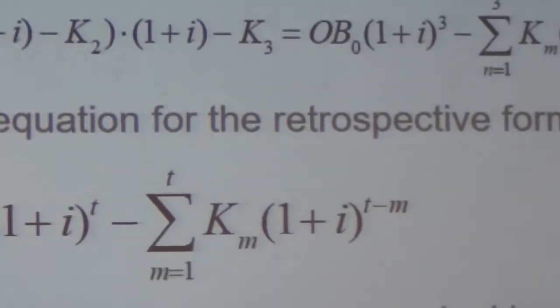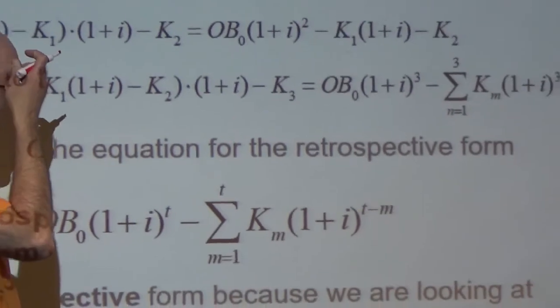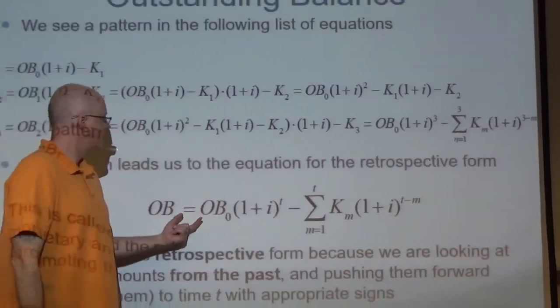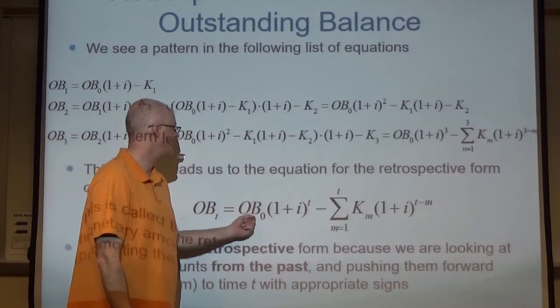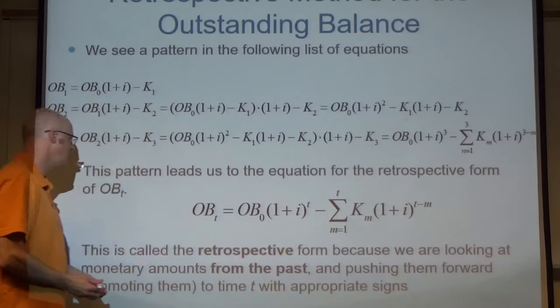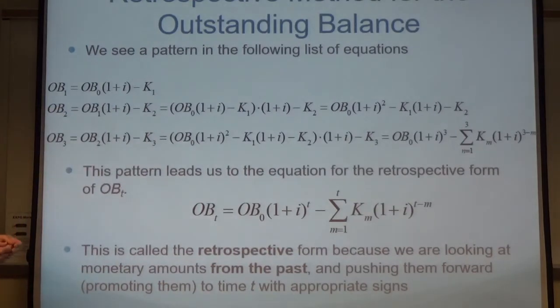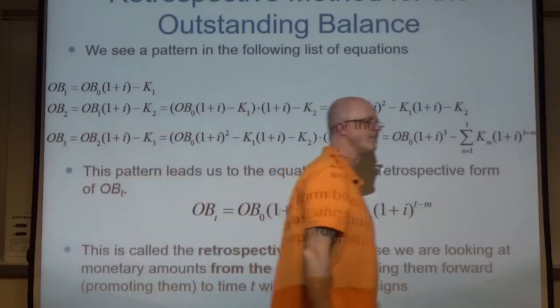You get a 1 there. kt is the time t payment. The balance is the difference of these two things: the promoted value of the loan amount minus the promoted values of all the payments. Again, it's called retrospective because you're looking at backward in time, though you are pushing them forward to time t.